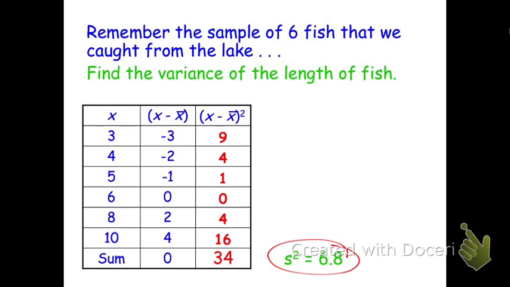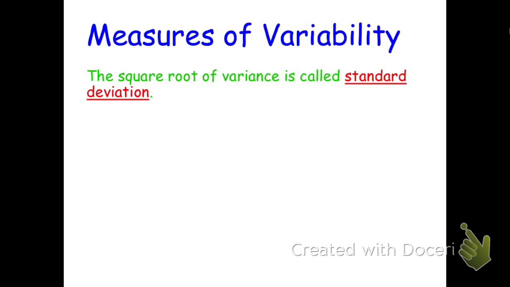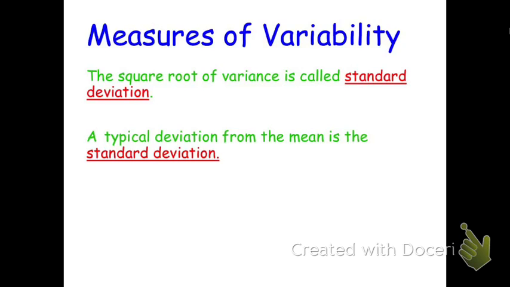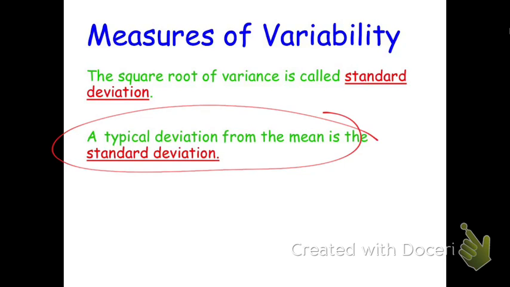If you don't want to know the long way of why, then you can just tune me out. But essentially, you're taking all the deviations, you're squaring them to make them positive, you're finding that average. Then to find the standard deviation, you're going back and square rooting it again. So the average or the typical deviation from the mean is the standard deviation. The relationship to the standard deviation is the square root of the variance.